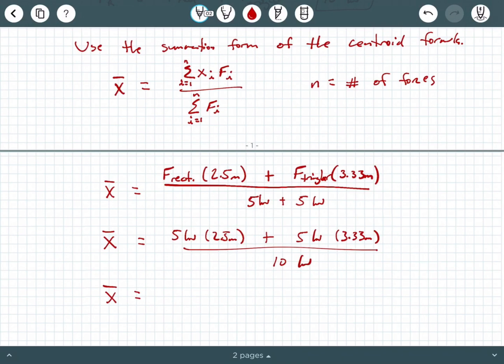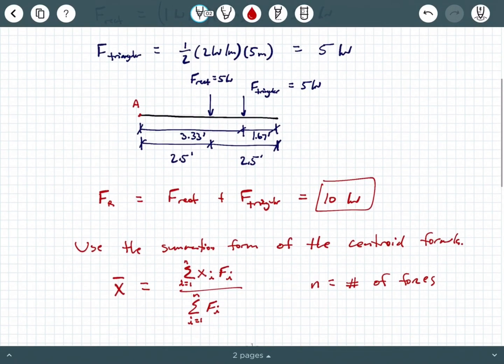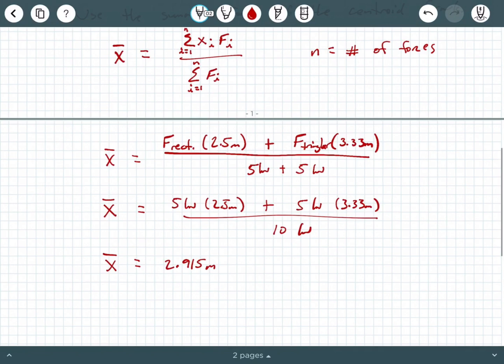And when we punch this through, let's see what we get. 5 times 2.5 plus 5 times 3.33, and then divide all that by 10. And so I get 2.915 meters. And so that's going to be somewhere in this vicinity right here.